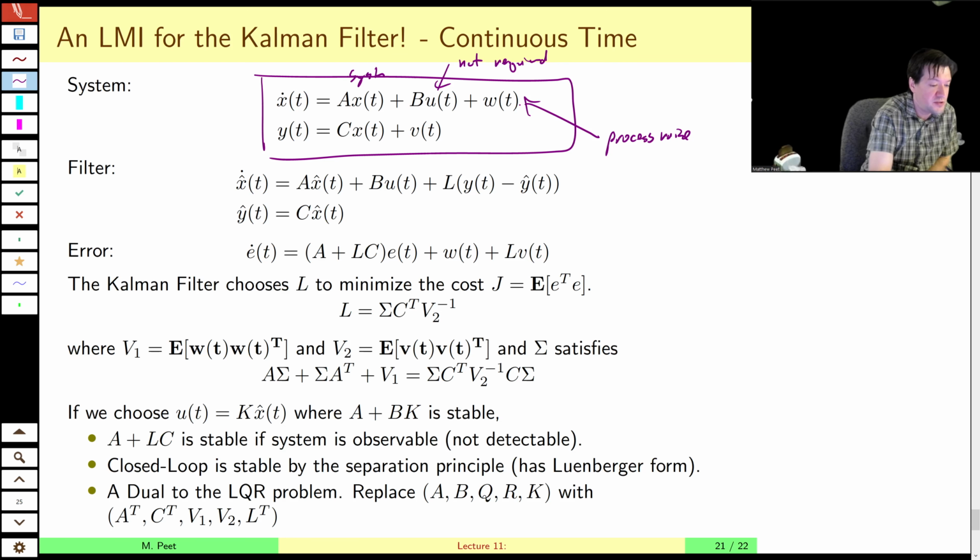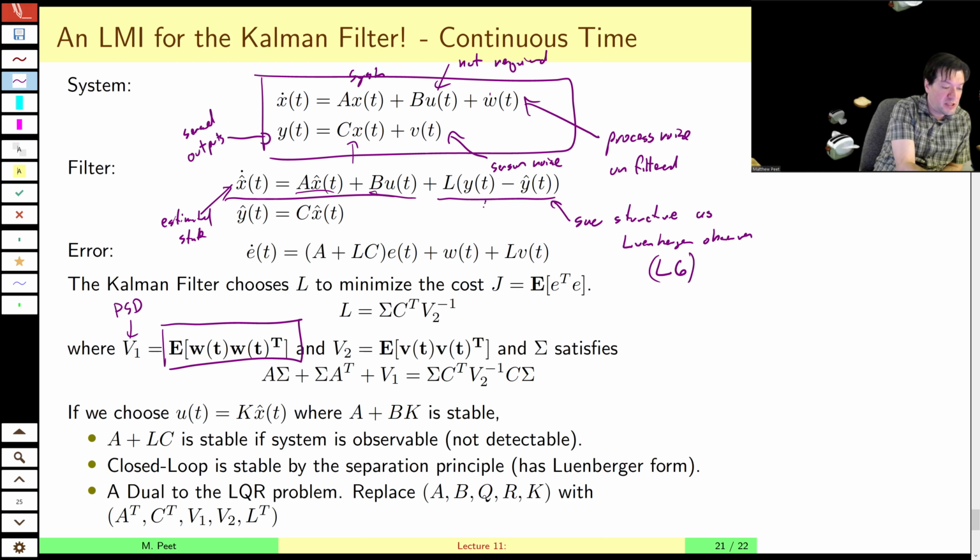So basically, we have an estimated state which has the same dynamics as the plant, A x hat. The input affects it the same way, assuming we have an input. And there's a correction factor. So we propagate the state the same way that the plant propagates the state. And then we have a correction factor, which is the difference between the output we actually observed, the sensed output, and the expected output.